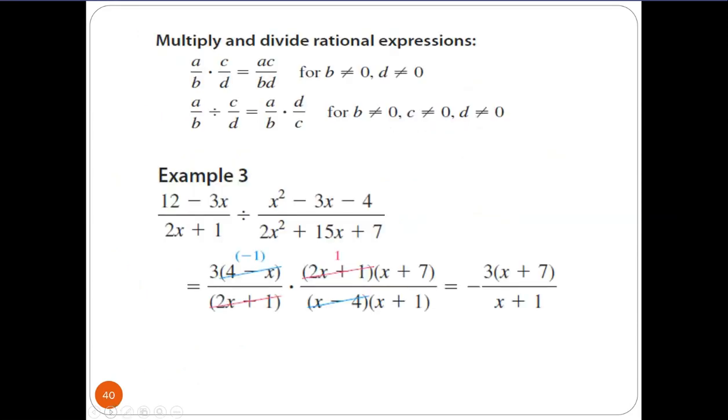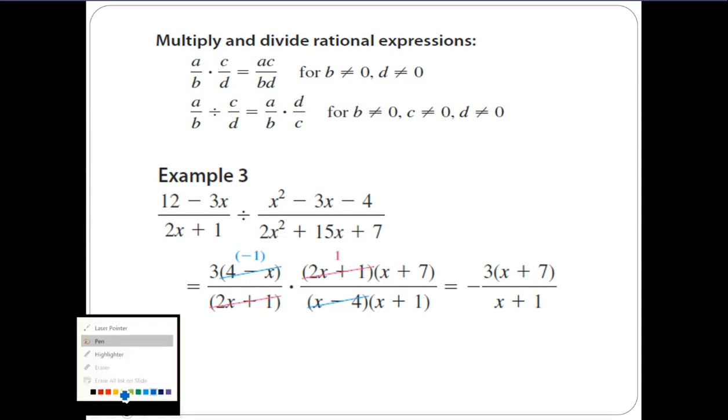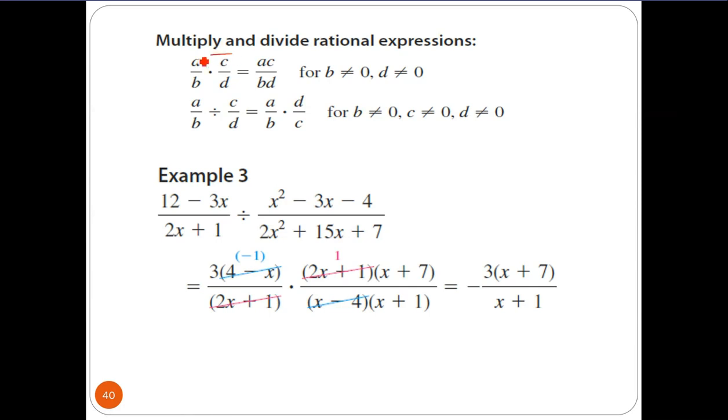If we have multiplication of fractions, just multiply the numerator with the numerator and the denominator with the denominator. Must be all denominators not equal 0, the first and the second denominators.